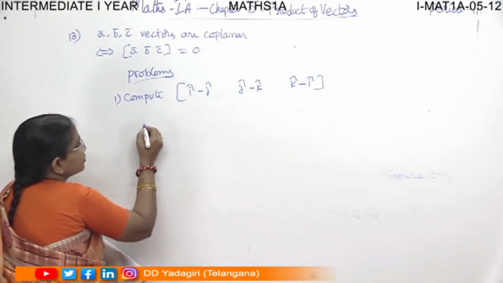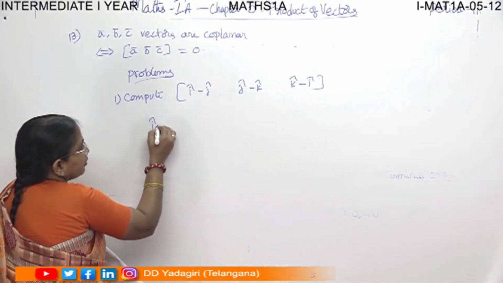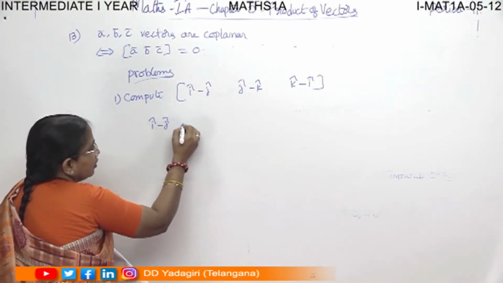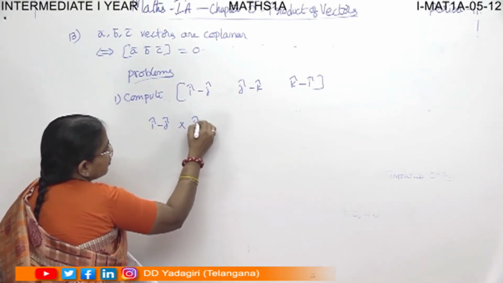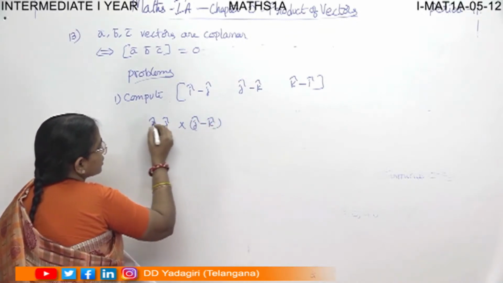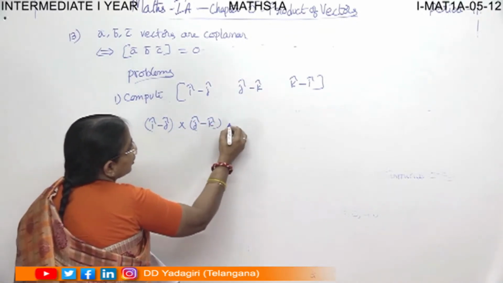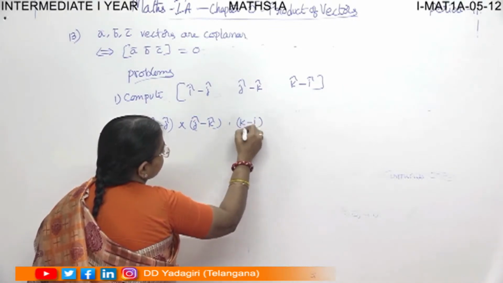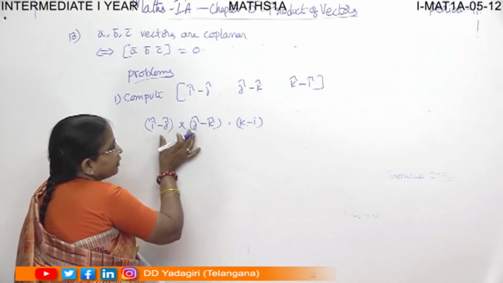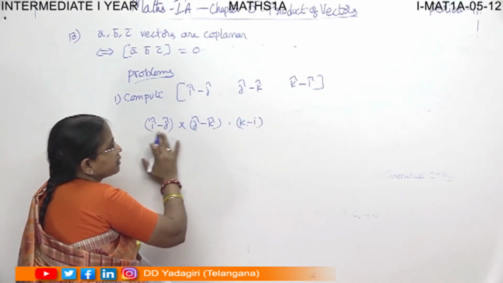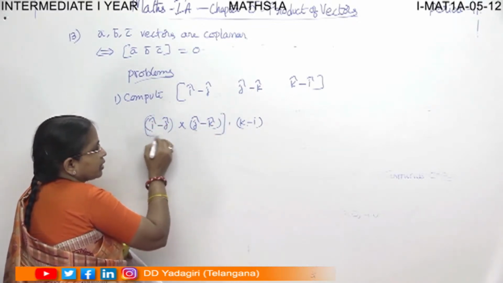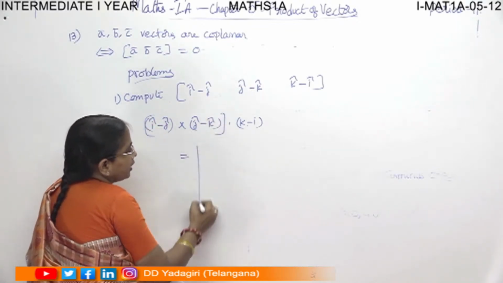Find the value of this. It is nothing but i minus j cross j minus k, dot k minus i. When you put cross here, the bracket is there for these two. So according to our formula, it is like this.